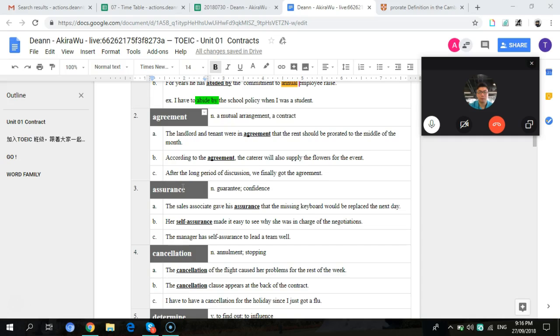So the agreement, like a country with another country, can have some agreement, like economic agreements, right?